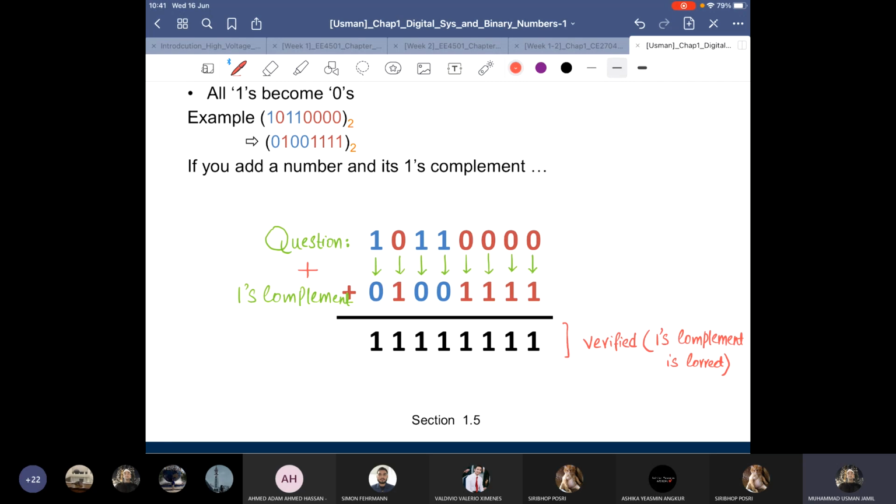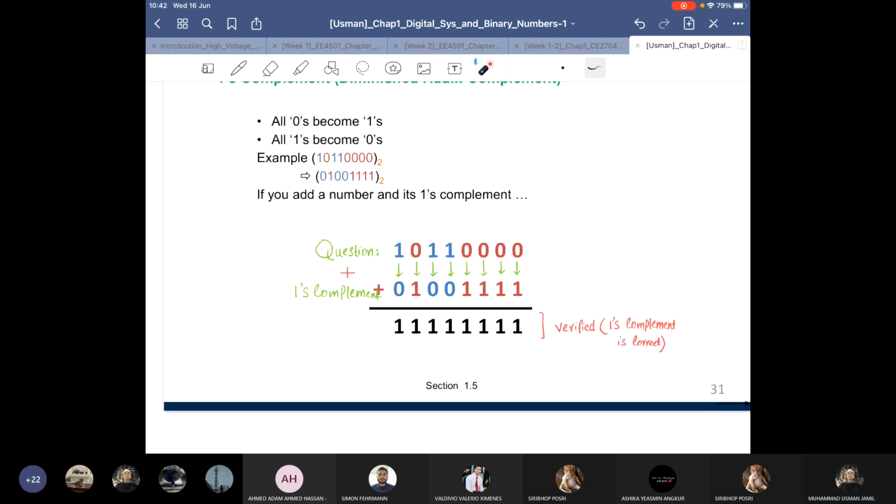Hope you know how to do the binary addition: 0 plus 1 is 1, 1 plus 0 is 1, and so on. So this is your answer.